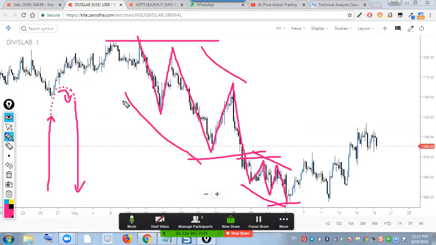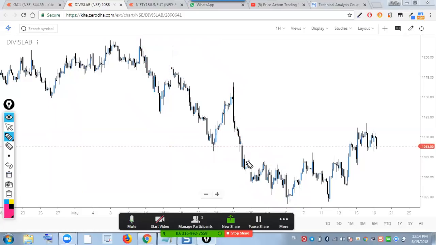So usually when you see the volatility shift like this from too much volatile swings to non-volatile swings, then you need to be serious about the shift of the volatility, which shows you the shift of a trend in most cases. All right. So when we see these kinds of scenarios, from here to here, we are now getting ready for a possible upcoming reversal. But at the same time, I want to see one more thing.